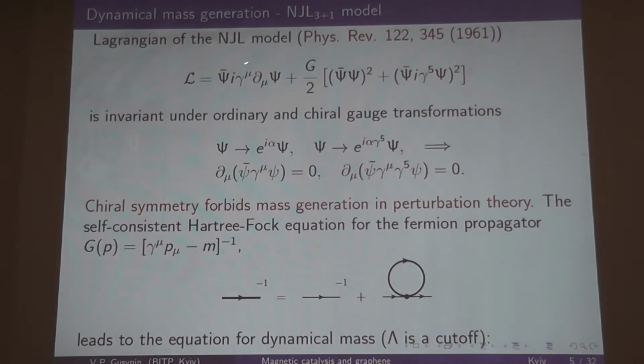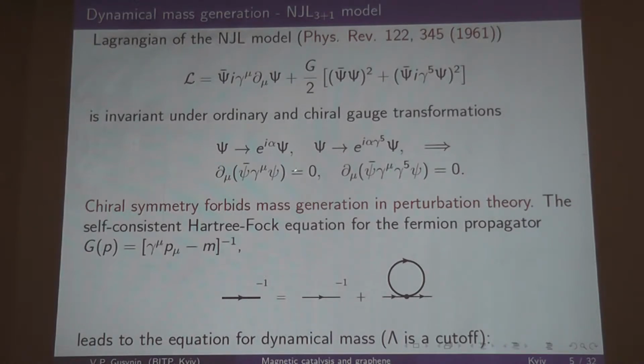The bare mass term in the Lagrangian is absent, and because of its absence, this model possesses two invariants: the usual gauge invariance, which leads to conservation of the vector current, and the so-called chiral invariance, which leads to conservation of the axial current.